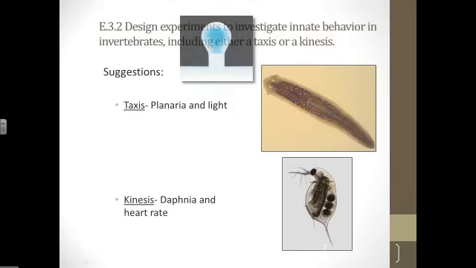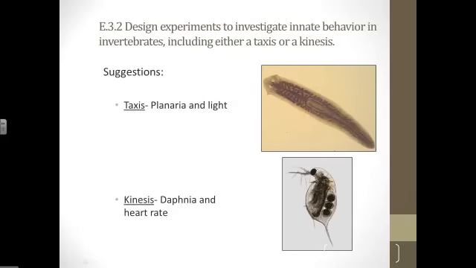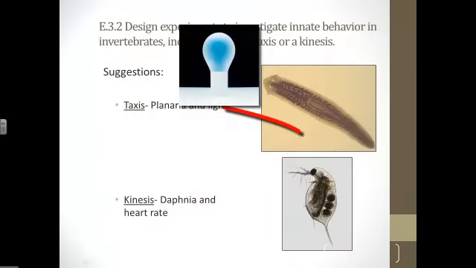So the question would be, do you think that the Planaria are going to move towards the light or away from the light? Whether or not they move towards or away, both of those require a direction. So that is a taxic response. It turns out the Planaria actually do not like light, and they will move away from the light.